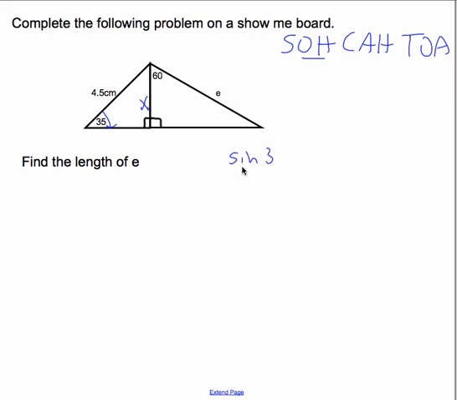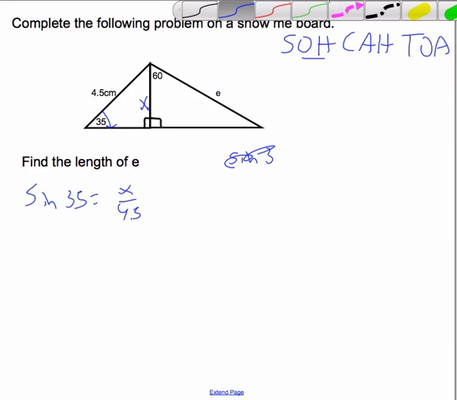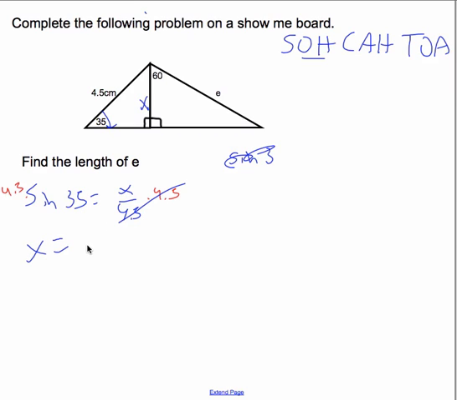So sine 35 equals x out of 4.5. So then we multiply both sides by 4.5. And we get x equals 4.5 sine 35.